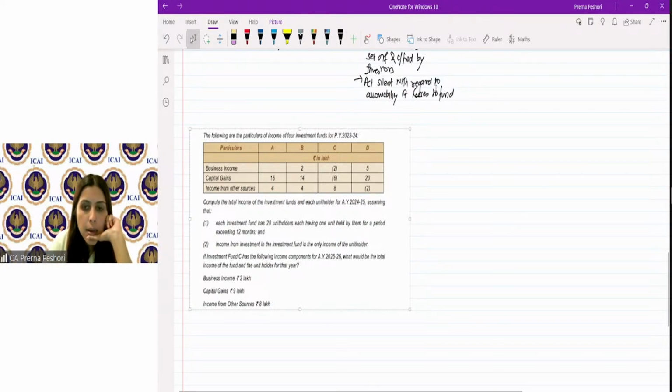Mohammed, this is the example in the module. This is the illustration which is forming part of the module. Nineteen illustration. Geeta, no.